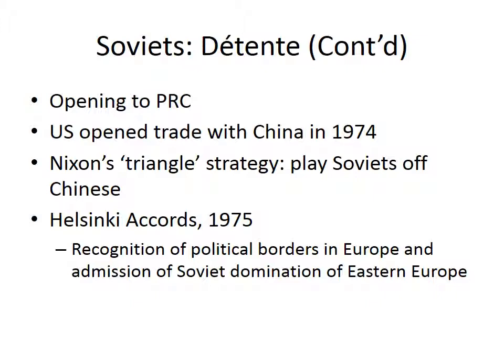Continuing on with détente, the other big move during the détente era was Nixon opening up full diplomatic relations with the People's Republic of China and opening up a trade relationship with China in 1974. Nixon's strategy, when we do American foreign policy, is one of the more interesting strategic approaches to U.S.-Soviet relations during the Cold War.